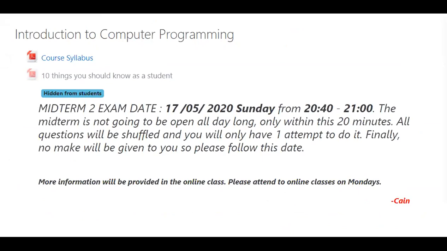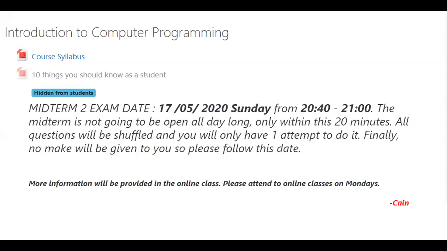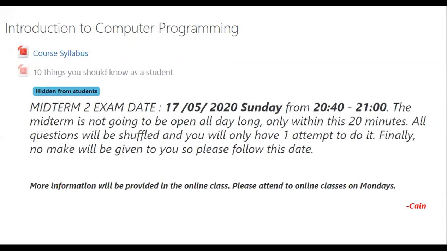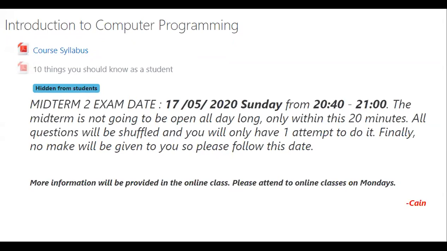So just to answer some questions, in the background there are more questions than what you see. Let me explain how the system works. There will be 20 questions that you're going to answer, but I will not ask just 20 questions. I will actually ask more, around 40, so that the computer will generate 20 questions for each person, a randomized 20 that will appear on each person's screen.